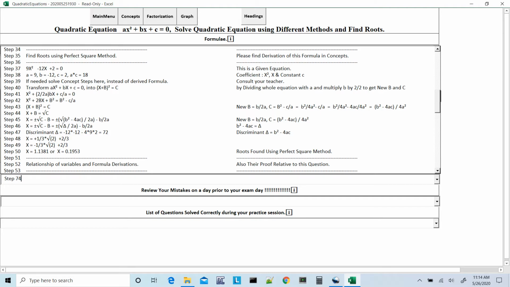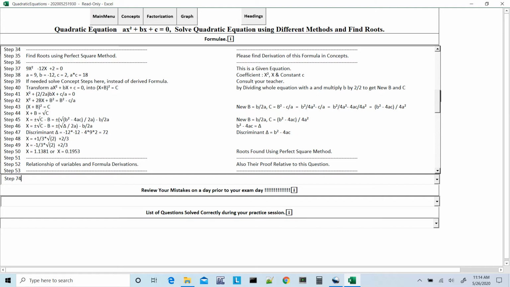So ask your teacher whether they expect you to put the values of a and b from step number 41 onwards and keep showing all these steps with substituted constant values, or you can show the generic formula how you have derived x is equal to plus or minus square root of c minus b.